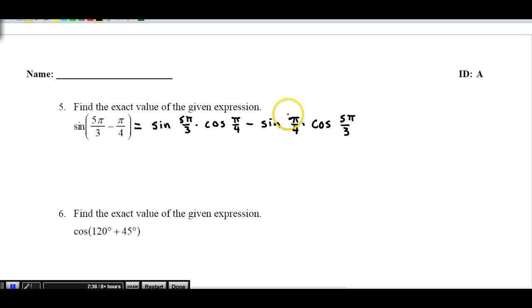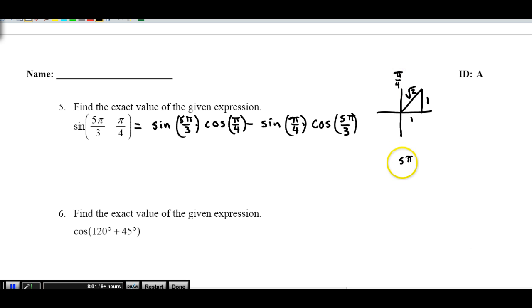So we need to find the values of these trig functions. So we're going to have a pi over 4 triangle here, 1, 1, root 2, and a 5 pi over 3 triangle here.